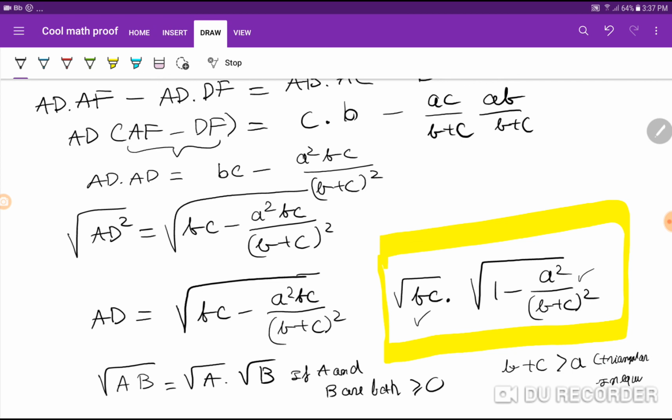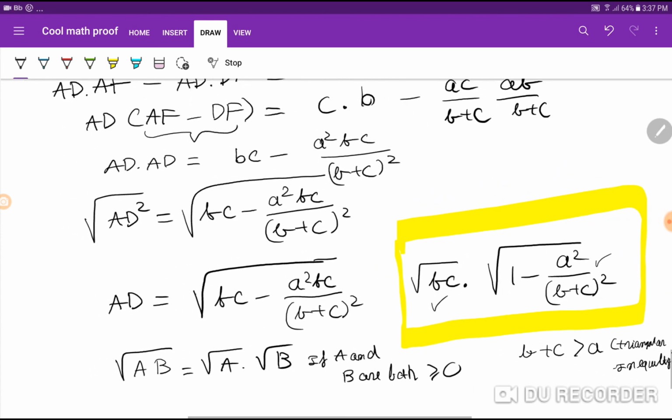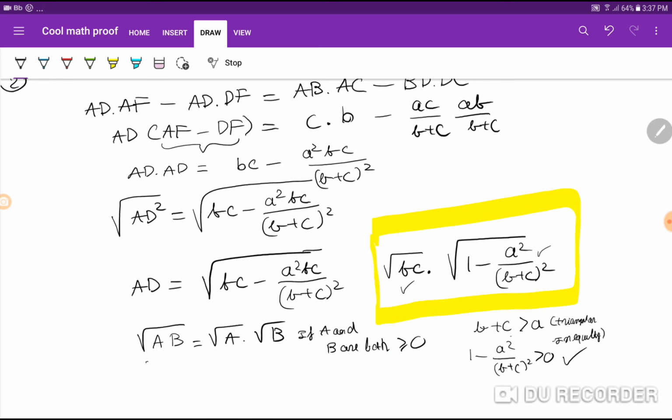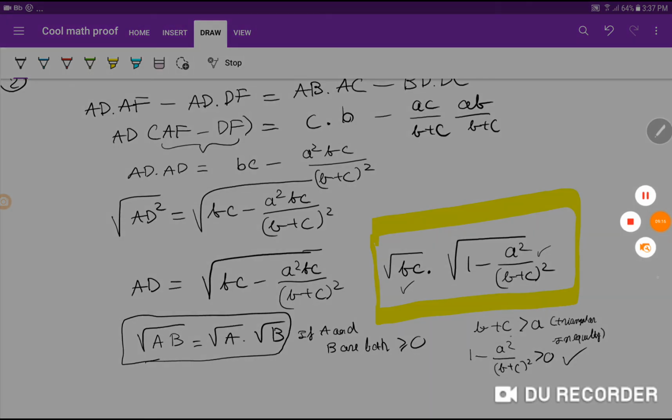You can look it up. I can do a proof about this, but sometimes you can accept that it exists. So you have 1 minus A squared over B plus C squared greater than 0 for sure. Okay, so both are positive, so you can take the square root out. You can decompose it, you can turn it into two smaller fractions.